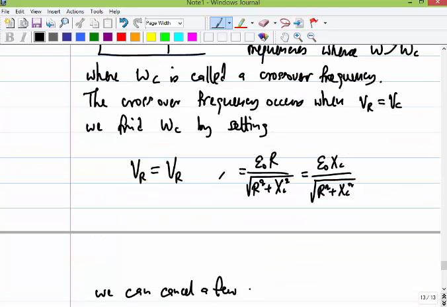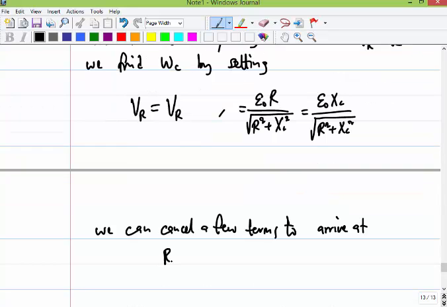So we can cancel a few terms to arrive at R equals XC. So we can say R equals 1 over omega C, like that. Therefore, omega C, the crossover frequency, is equal to 1 over RC.